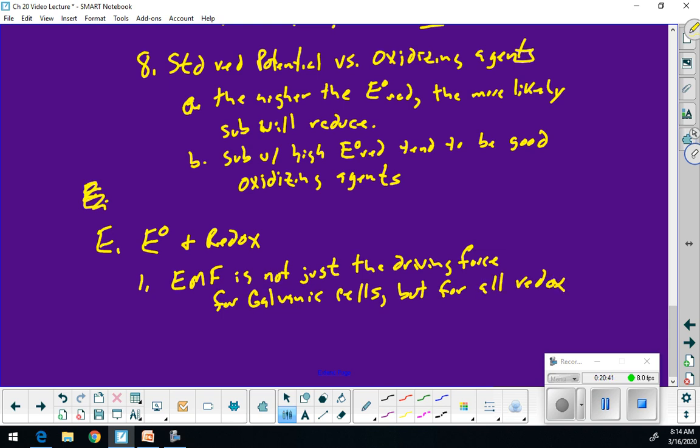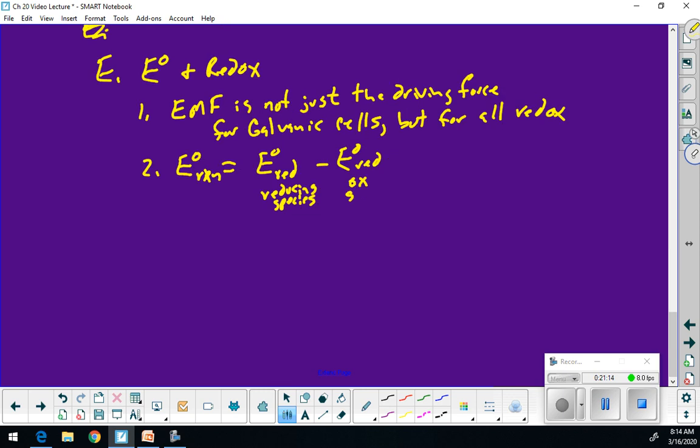And so what we do then is we will calculate a standard E for my reaction, which will be my standard reduction potential for my reducing species. And remember, reducing species is not the reducing agent. The reducing species is the thing that reduces, minus my standard reduction potential for my oxidizing species.